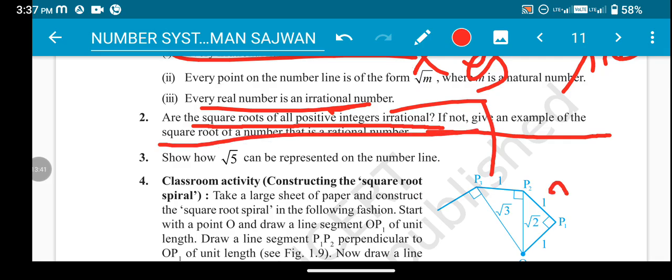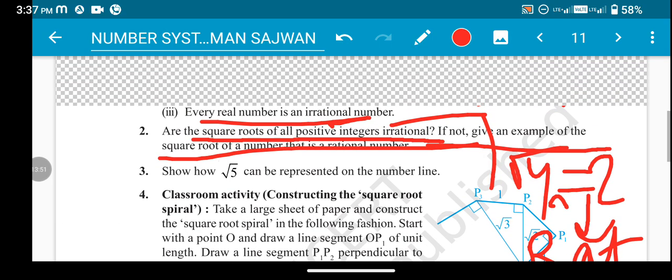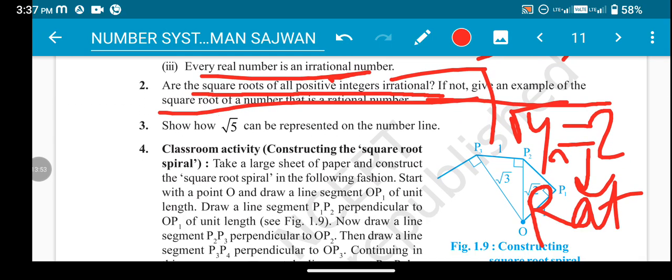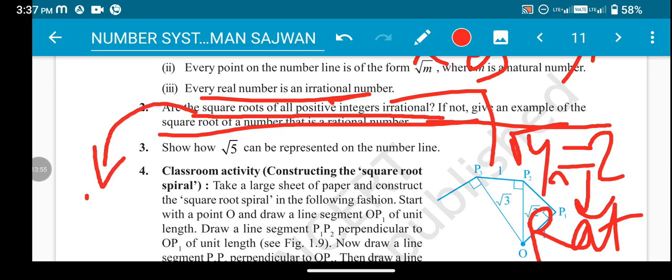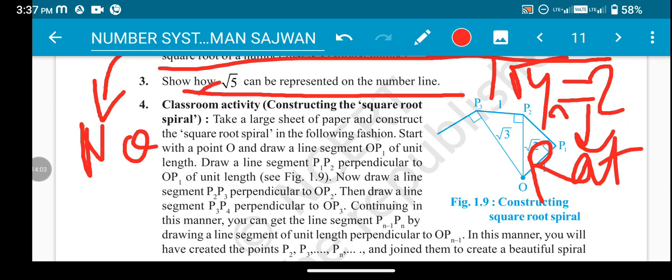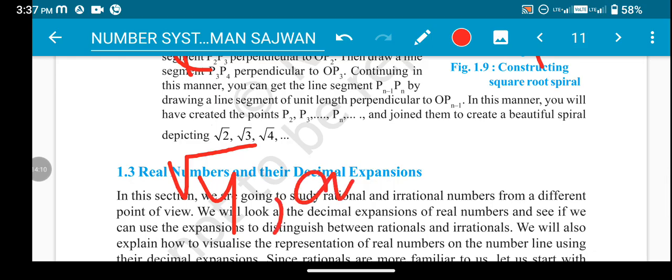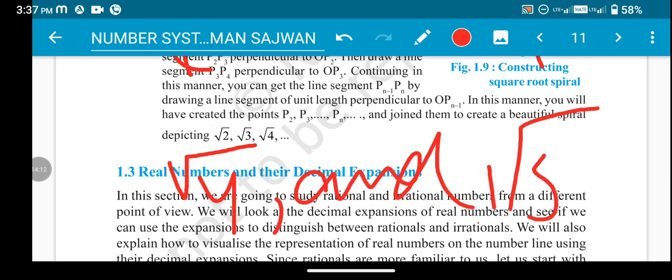We can state root 4 is equal to 2, where 2 is a rational number, so the answer will be no. Show how root 5 can be represented: first obtain root 4 and then root 5.